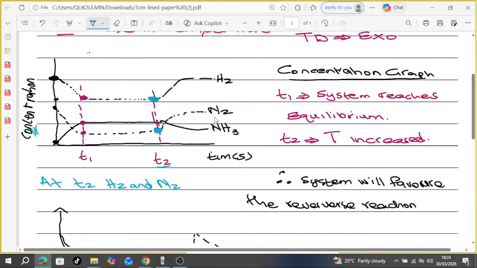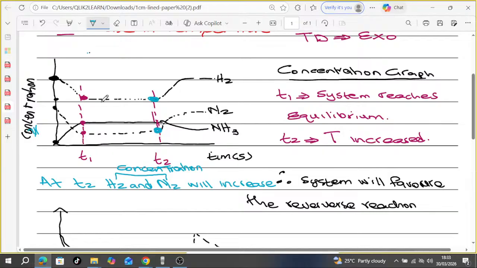So the concentration of H2 and N2 increased. I hope you understand what is going on here. So now we are saying that the concentration of these two will increase.